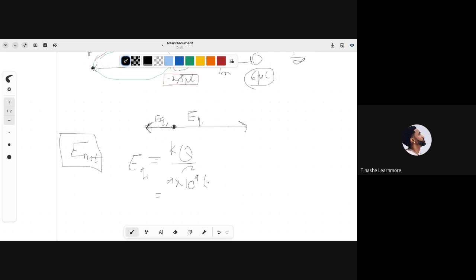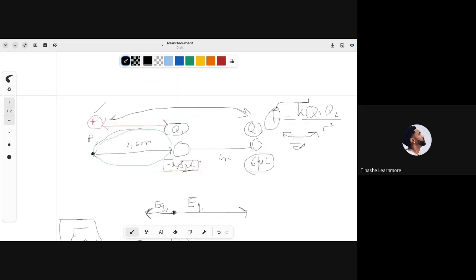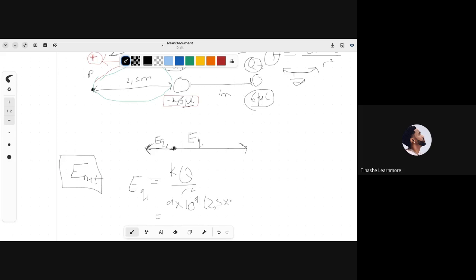You can, of course, put the sign, which will actually set you up for the net, but I'm going to omit the signs for now. So I've got 2.5 times, because this is in micro, times 10 to the negative 6 to convert it to coulombs. And then this is over the square of the distance. And the distance is already in meters, so that is just perfect.